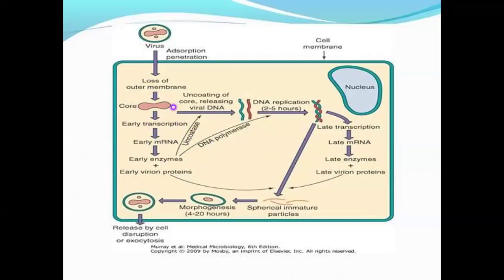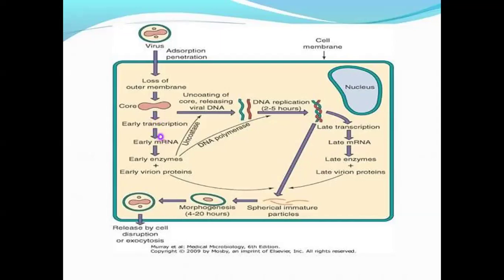One enzyme that it has is called RNA polymerase. This RNA polymerase will begin transcribing. We said transcription is the process of DNA to mRNA.